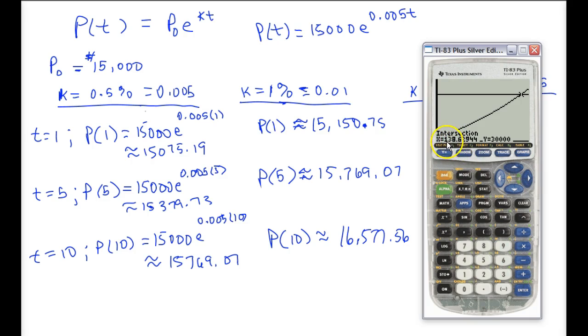And then you see that the X value there is 138.62944. So we'll just round that and say 138.6 years.